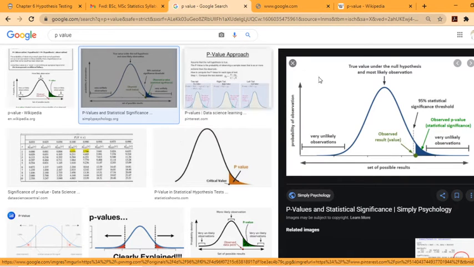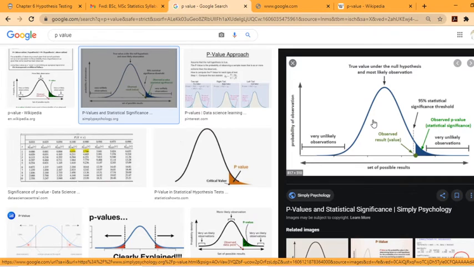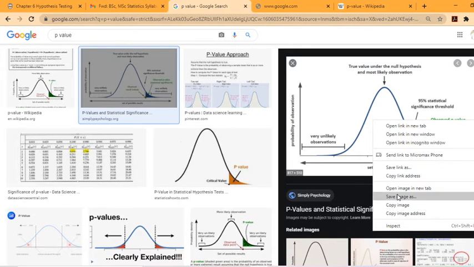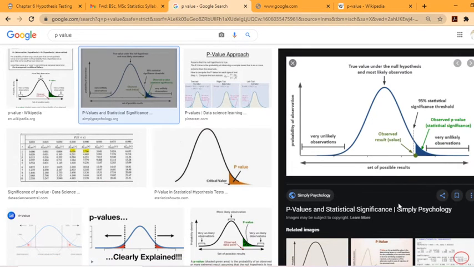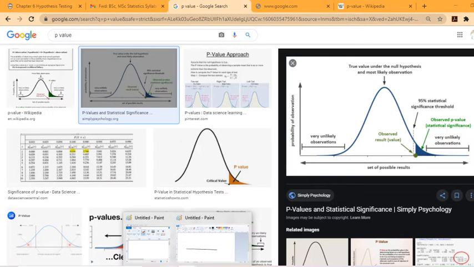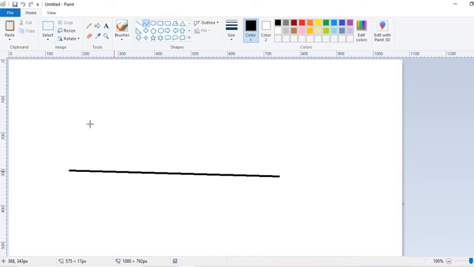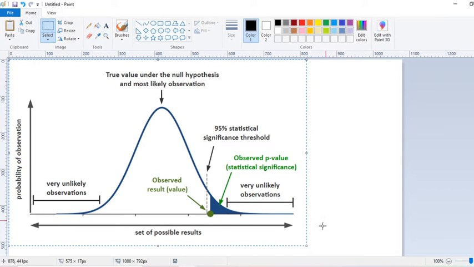So in such curves we will have some critical region, and I will plot that critical region.